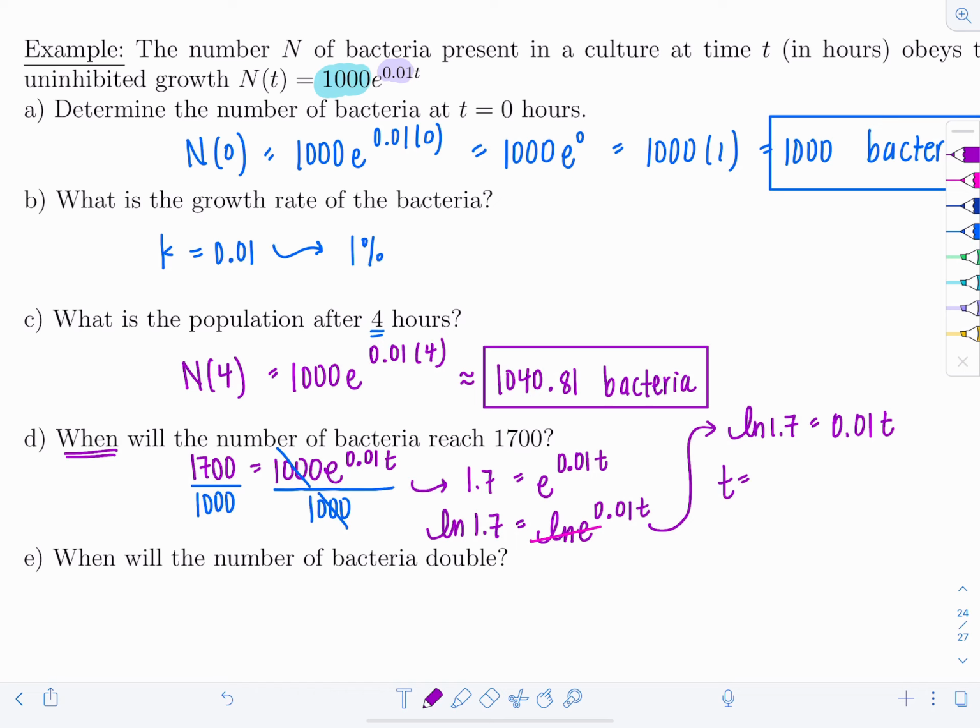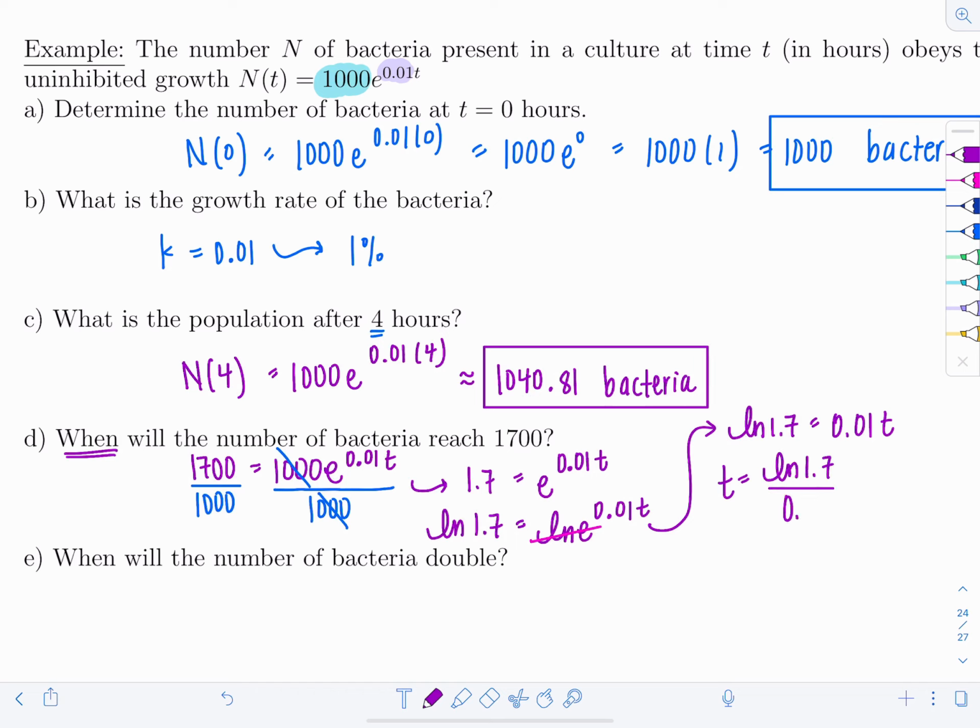So t is equal to ln of 1.7 divided by 0.01. You can just punch that in your calculator, and you should get about 53.06 hours. Make sure you include units, especially if the units are given in the problem. They told us here t is in hours, so make sure you include that on your answers.